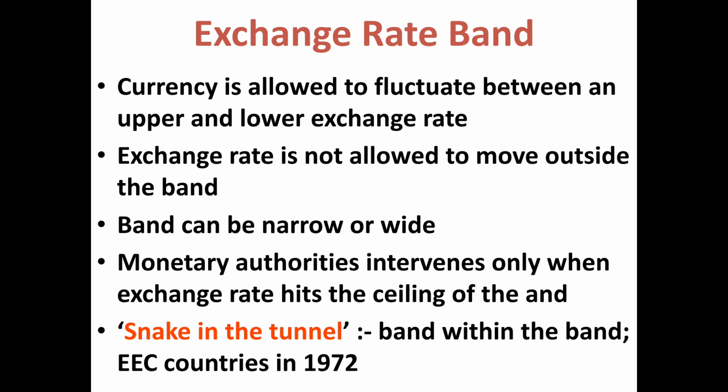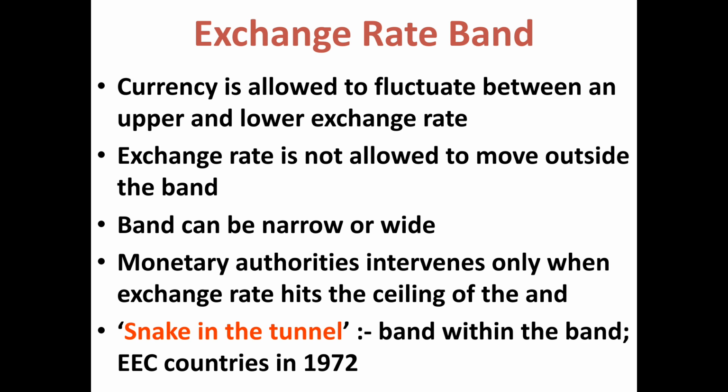The exchange rate band is basically a system in which currency is allowed to fluctuate between an upper and lower band or upper and lower exchange rate. The exchange rate will not be allowed to move outside the band. The countries can fix a wide band as well as a narrow band. The monetary authority will intervene only when the exchange rate hits the ceiling of the band, either the upper ceiling or a lower ceiling.